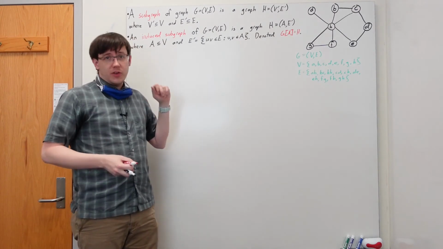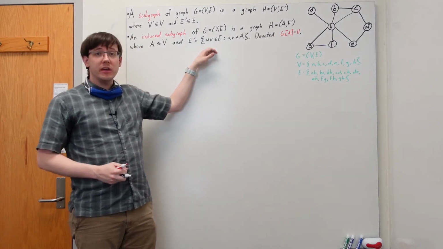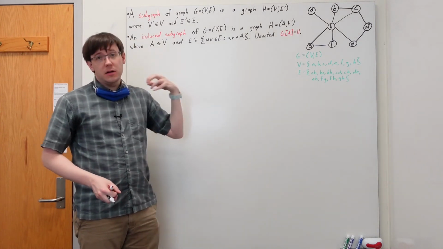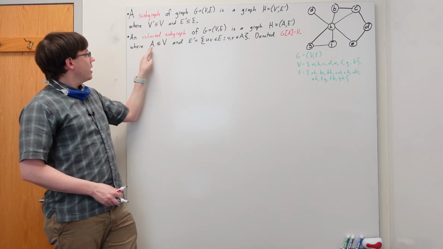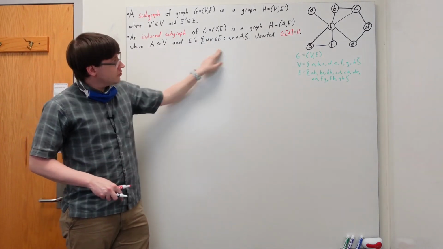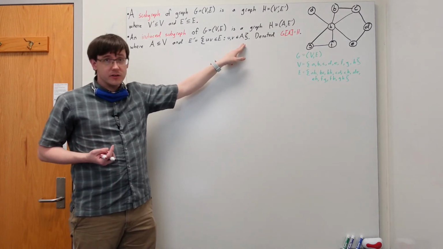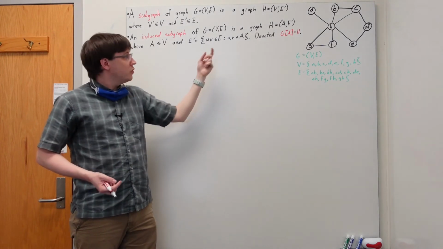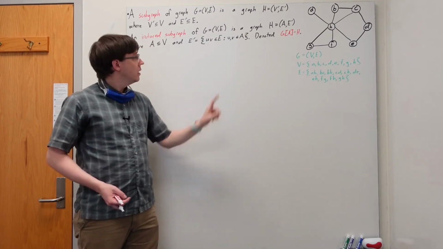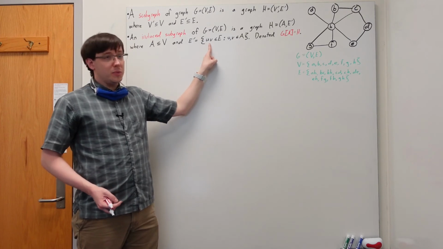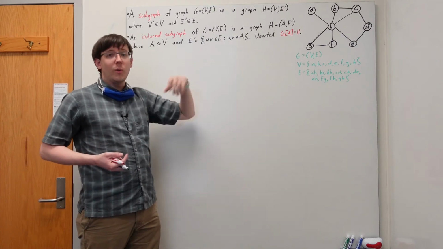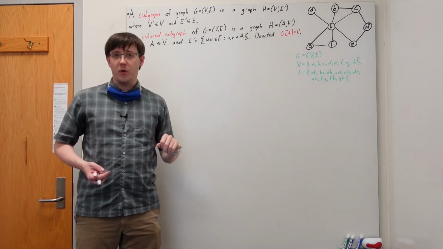An induced subgraph is specifically the graph that we get when we delete some of the vertices. So we have A as a subset of our original vertex set, and then we preserve all of the edges that we can between any vertices in the subset A. So every edge that is between two things in our subset of the vertices will appear in the induced subgraph.